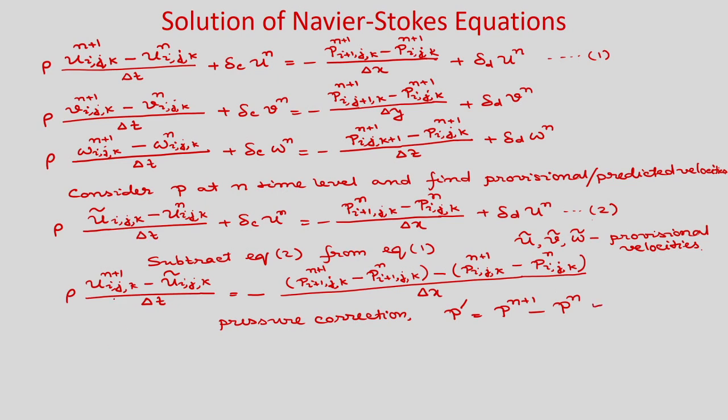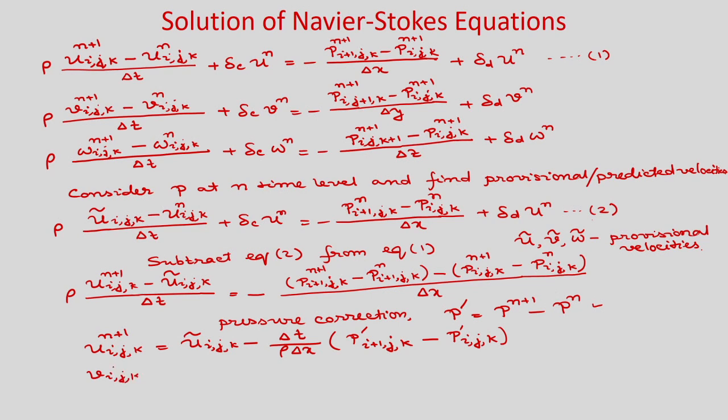Then you can write this equation as u I j k at n plus 1 is equal to u tilde I j k minus delta t by rho delta x times the pressure correction I plus 1 j k minus P prime I j k.